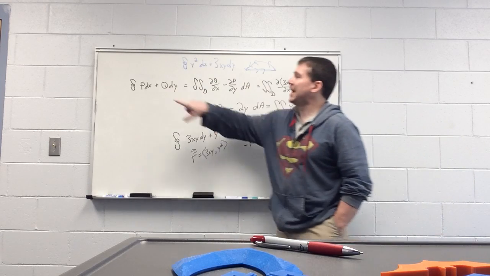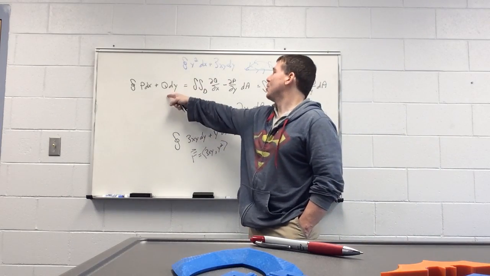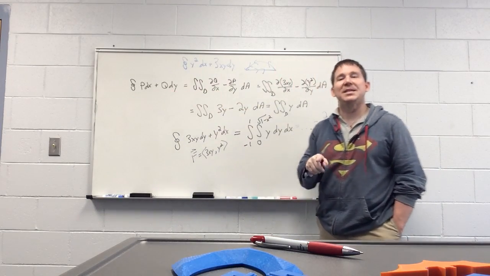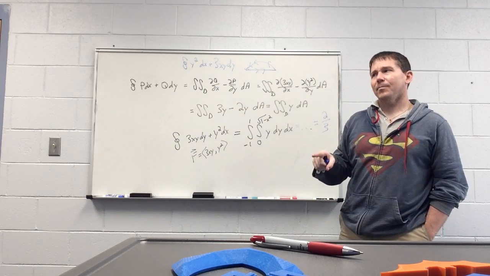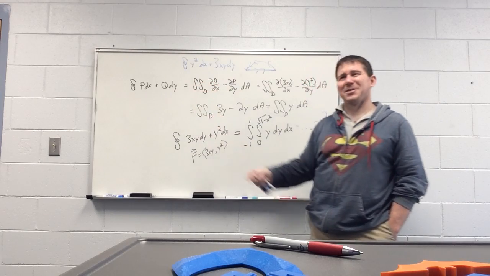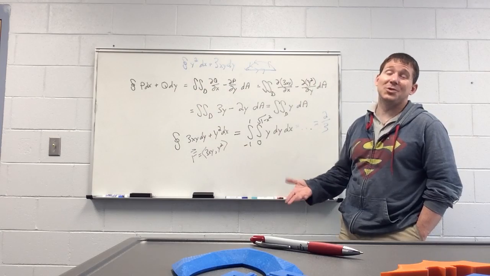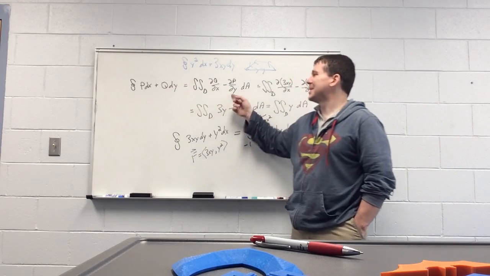You're going to be given a line integral that is challenging to solve, so you rewrite it as a double integral, which is easier. You could, I suppose, if you were so inclined, try to start here and go backwards to there, but that might be more of a challenge. And again, it's not really how we use Green's. It's generally used this way.